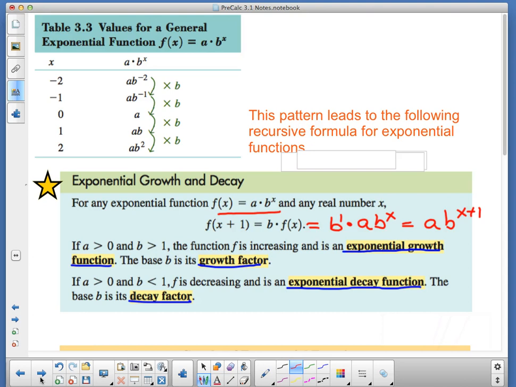Okay. Now, if a is greater than 0 and b is greater than 1, the function f is increasing and is an exponential growth function. Okay. So it'll go from left to right going up. The base b is its growth factor.